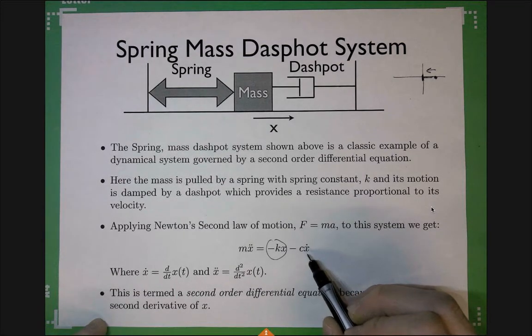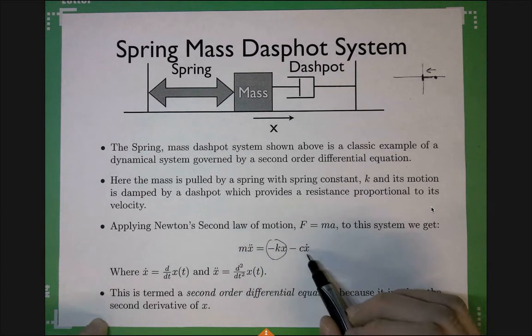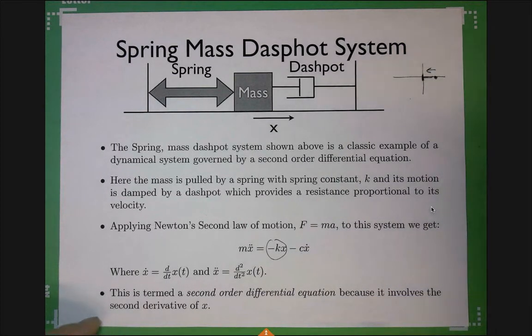x dot is the velocity, right? x double dot was the acceleration, x dot is the velocity, and this term is the velocity-proportional damping. This is a term saying that if the point is moving with some velocity, then there is some environment that resists that motion. Imagine you are a submarine, or even swimming in water, then the water resists your motion, right?